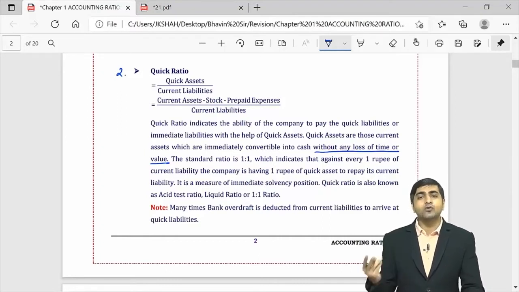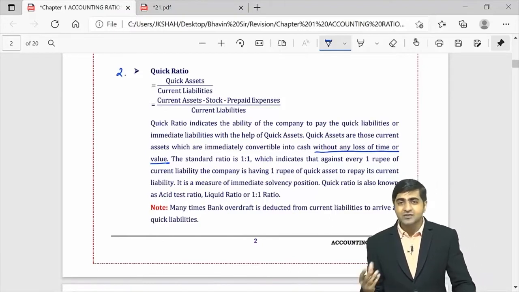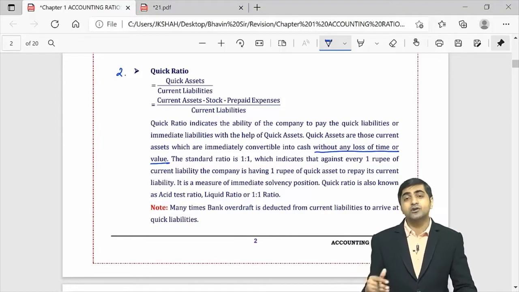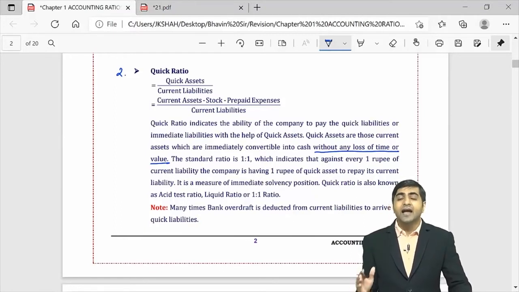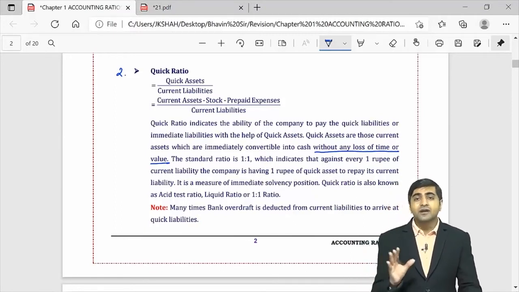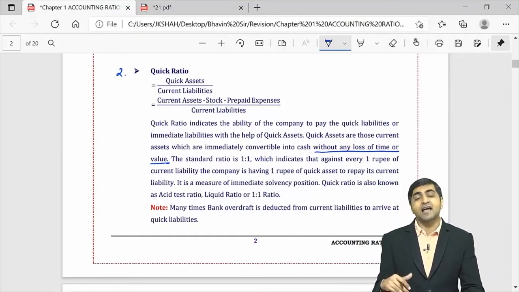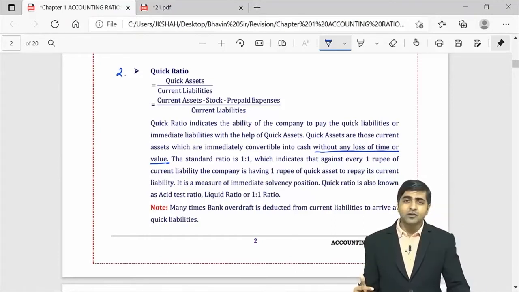So guys, there are only 2 types of non-quick assets which we need to subtract. So from your current assets, when you exclude your stock and prepaid expenses, both of them are your non-quick assets which we eliminate. And guys, the remaining assets will be considered as your quick assets, which we need to compare with your current liabilities.